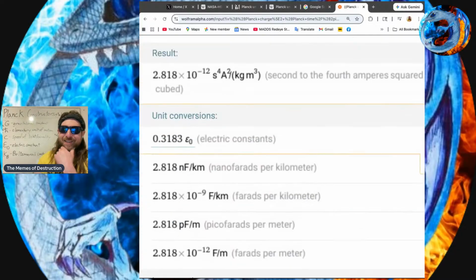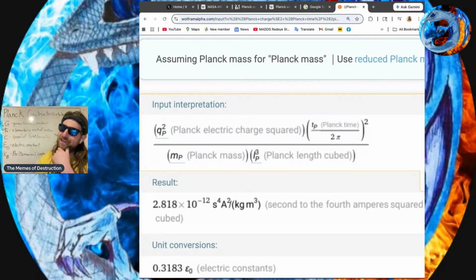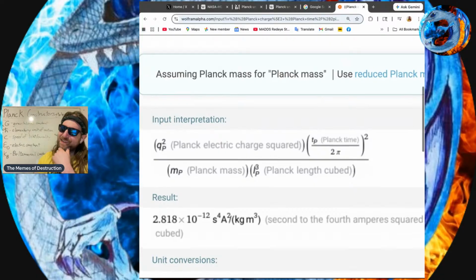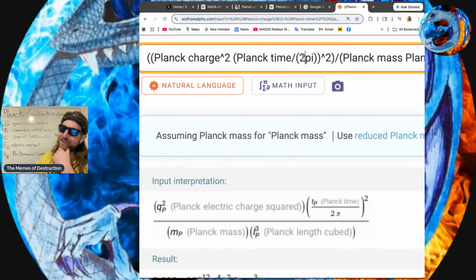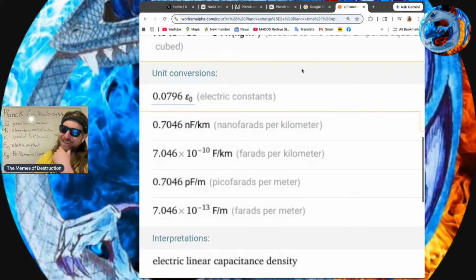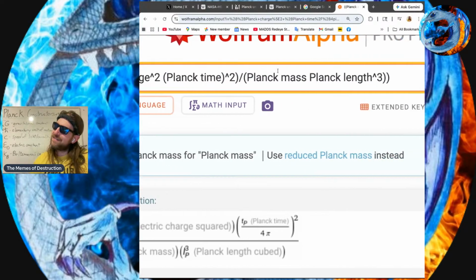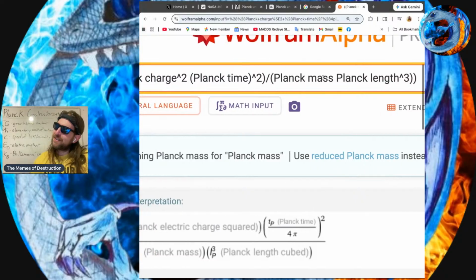Oh, wow. Because we're squaring it. Or do I need to do it by 4 pi? I'm going in the wrong direction. Nope. Planck length.